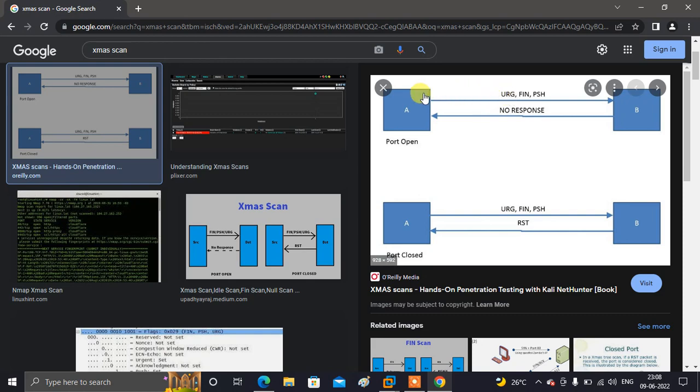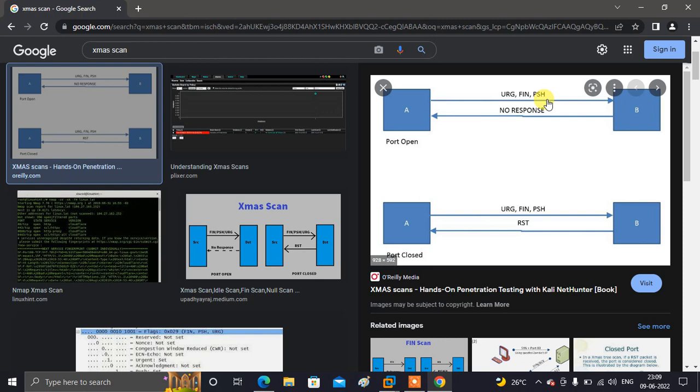But they are also attaching FIN. So first they are saying it's urgent, now it's saying it's finish, and also it's saying push. Push means send all data in the buffer immediately. So you can see it's a combination of 3 flags, which makes it complex.